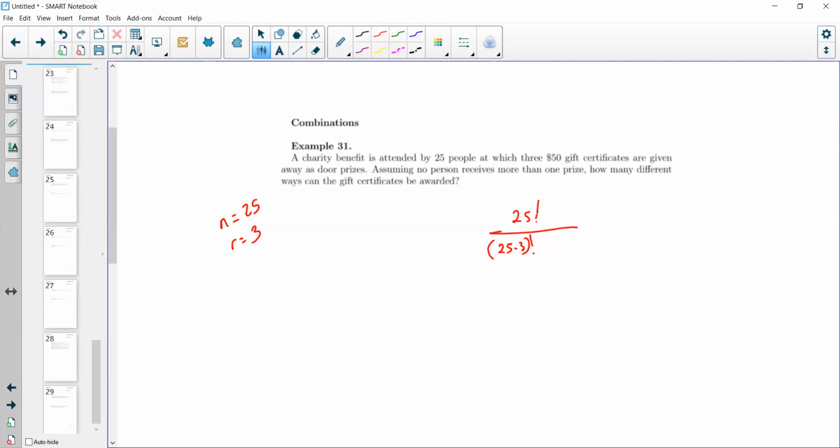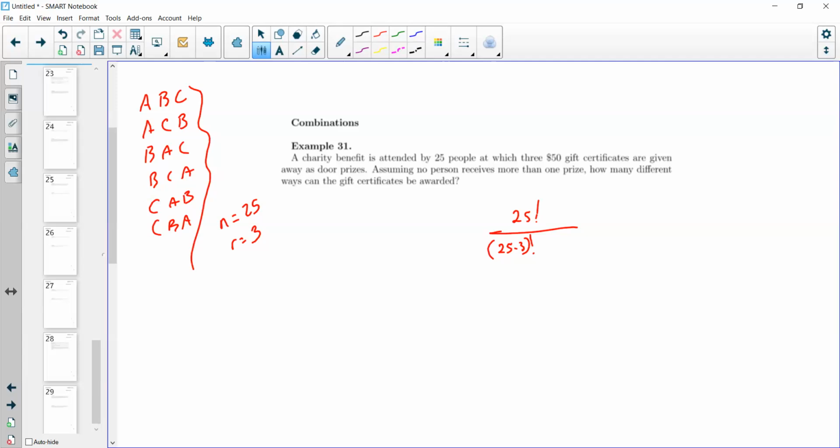So a way to look at this is, say we have person A, B, and C. We could give it to them in different orders: A, B, C, or A, C, B, or B, A, C, or B, C, A, or C, A, B, or C, B, A. But since they're the same prize, the order doesn't matter. So this gives us all six of these as possibilities.